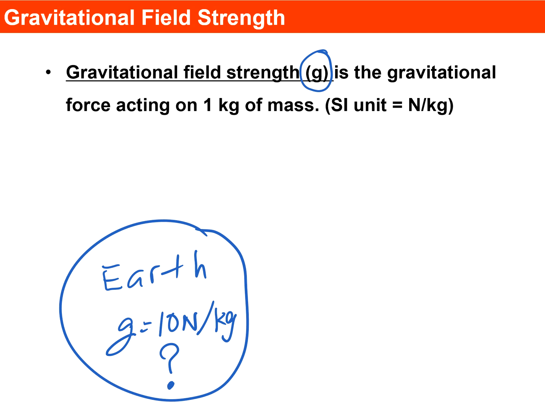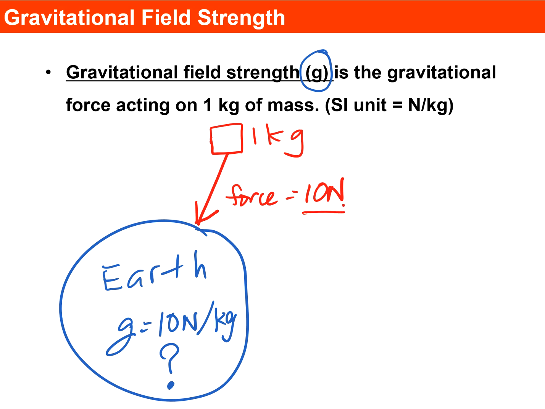It means that if I have an object which is 1 kilogram, then the Earth will exert a force pulling it down, and this force of attraction, this gravitational force, is 10 newtons. So every 1 kilogram, the Earth will pull it down with a force of 10 newtons, and that's why it says 10 newtons per kilogram. So it is basically the amount of gravitational force that's acting on 1 kilogram of object.